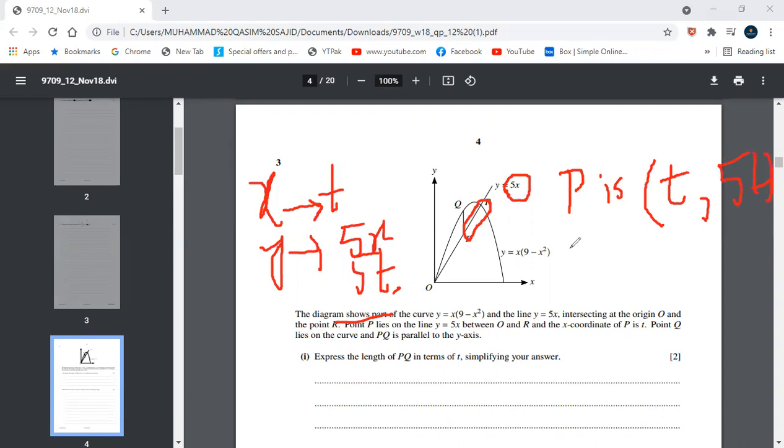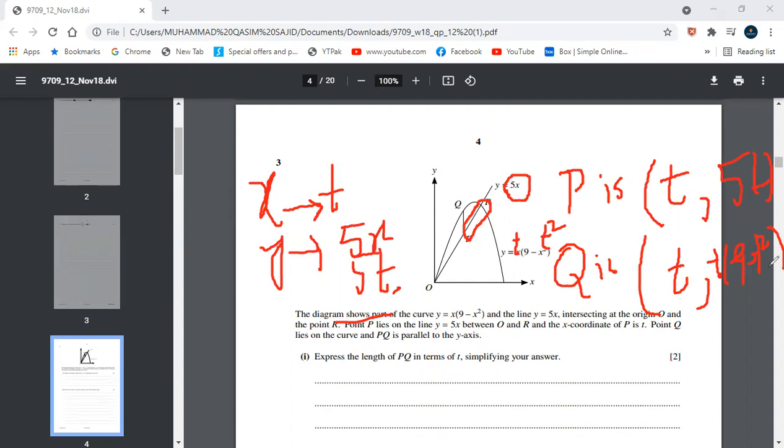And Q must be: first is t, that is x, and the second must be replacing the y value, so here the x must be t, and here it is t square. So the second value must be t into 9 minus t square. Is this clear?